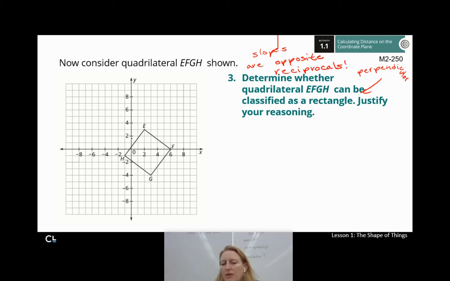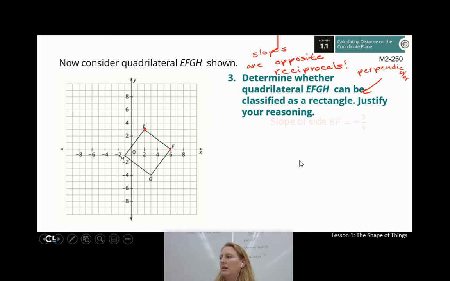So let's just start by finding the slopes. Let's start with EF. To get from E to F, it looks like I have to go down 3 and over 4. So, 1, 2, 3 down, 1, 2, 3, 4 to the right. That means the slope of EF is -3/4.